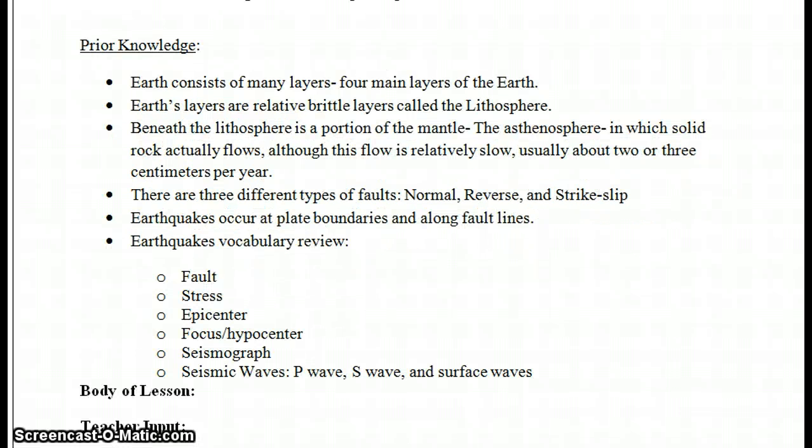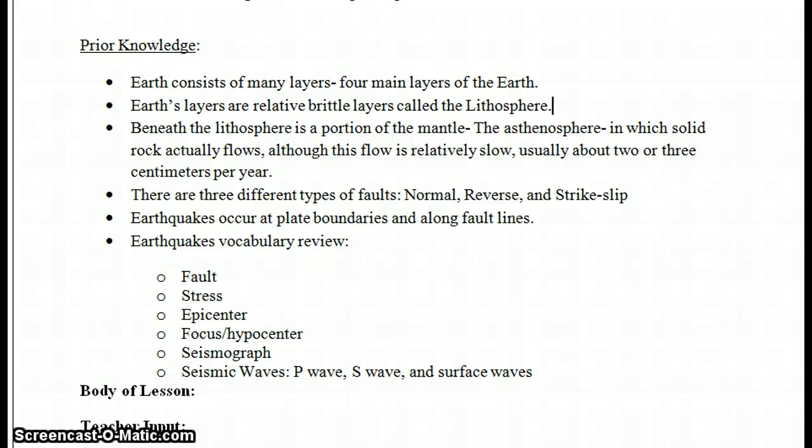Students' prior knowledge consists of the following bulleted items. They should already know that Earth consists of many layers, and they should know the 4 layers that it's composed of. Earth's layers include the relatively brittle lithosphere, and beneath that lithosphere is a portion of the mantle, the asthenosphere, in which solid rock actually flows, although this flow is relatively slow, usually about 2 or 3 centimeters per year.